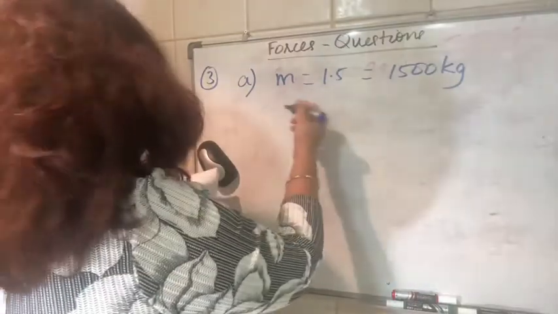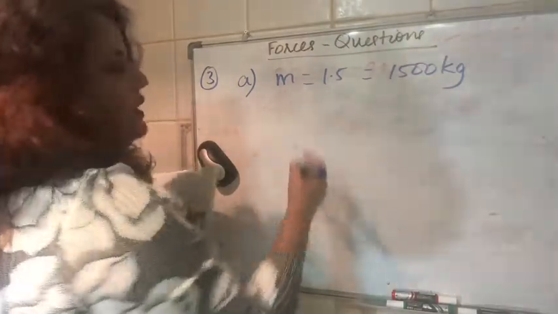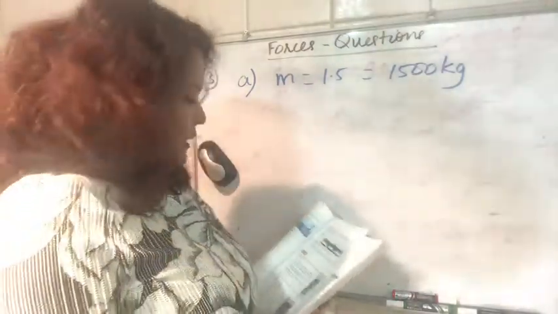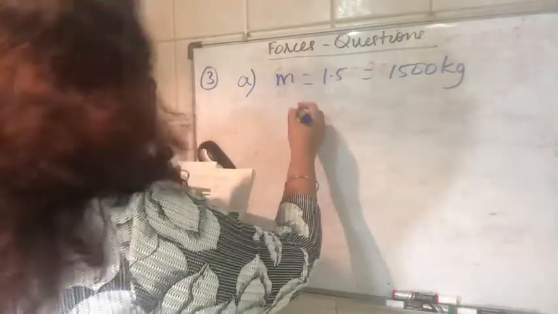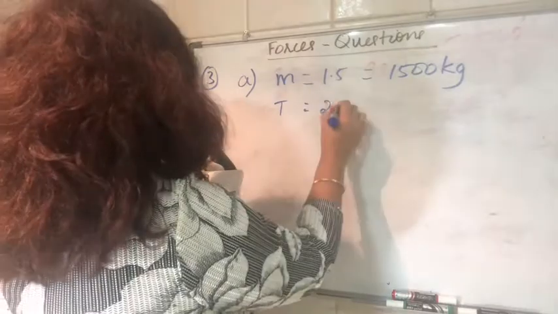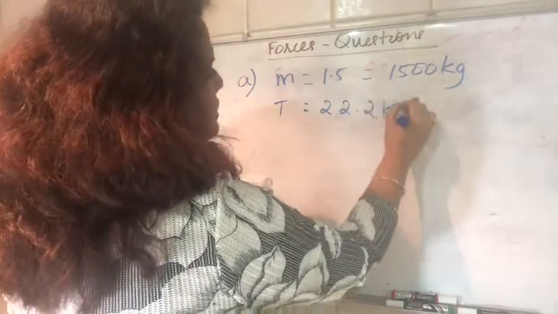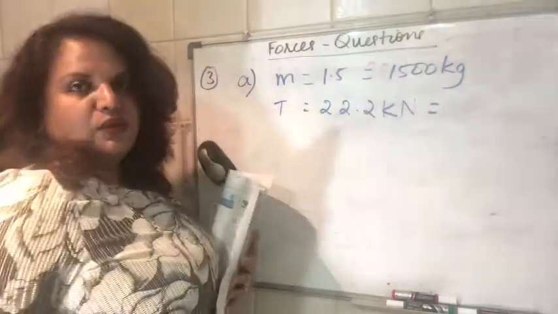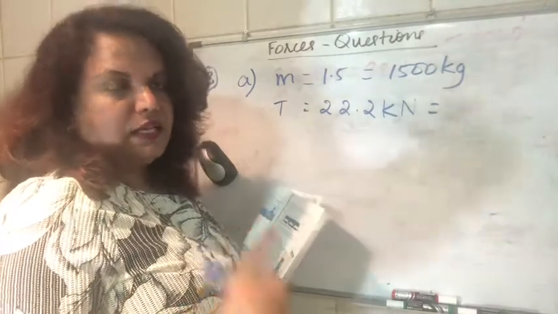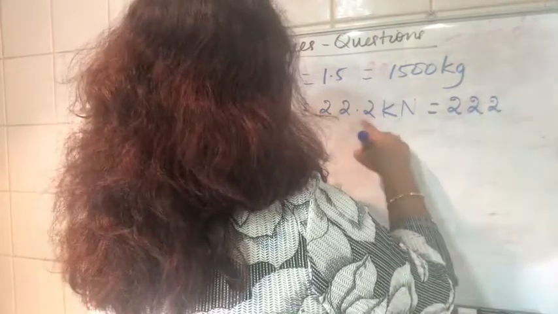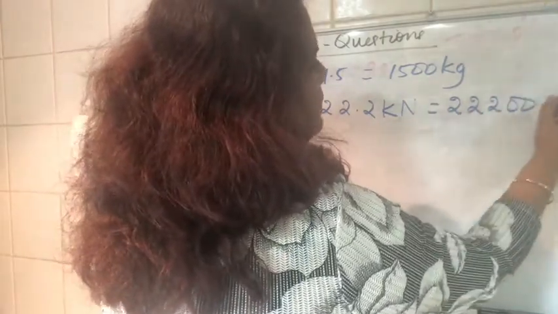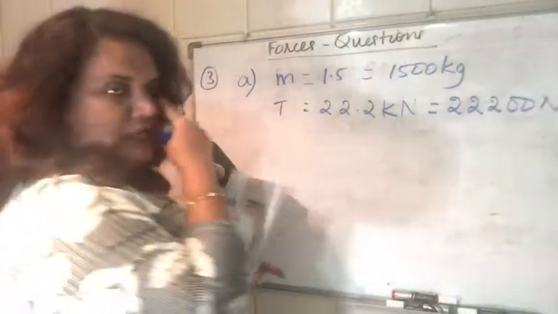So mass is known, and we have to find the acceleration, correct? And the cable's tension is given as 22.2 kilonewton. So you must convert that. All these units have to be in SI units. So the tension is 22,200 newtons.